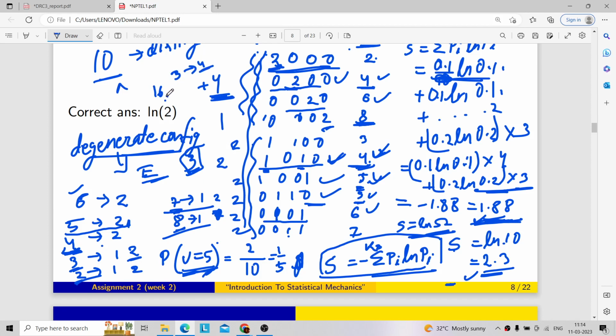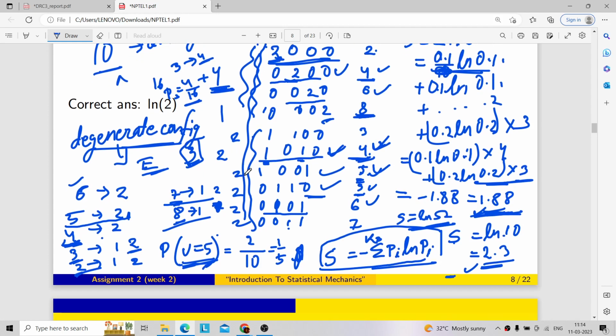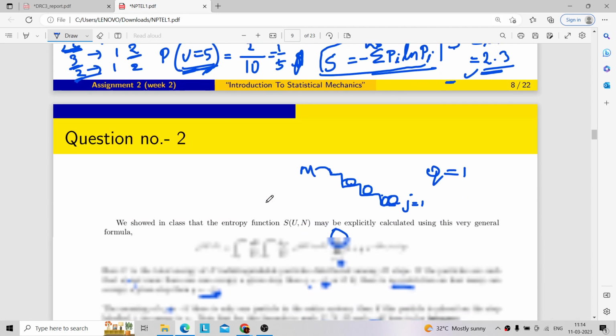So what is the probability for that? It is 3 over 16. Then the probability will change, and the entropy will also change if you consider the distinguishable case. You can check that with pen and paper. Use it as your homework.